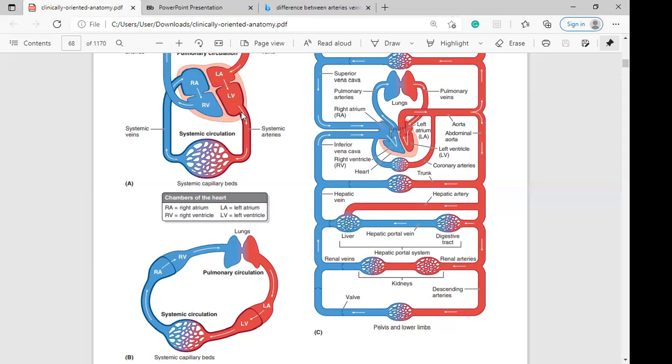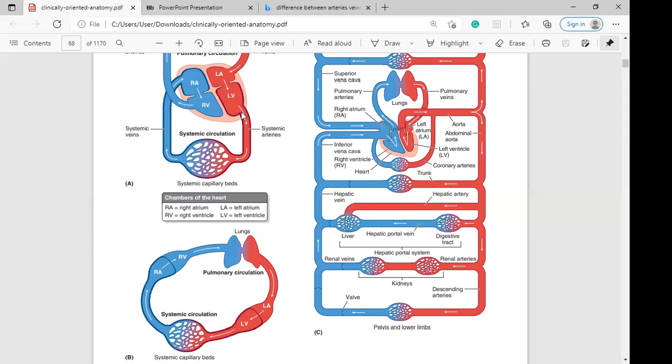Now, we said yesterday that we're going to look at, before I forget, the differences between arteries and veins, because yesterday we gave the characteristics of arteries and the characteristics of veins. What are some of the differences? Arteries carry blood away from the heart.